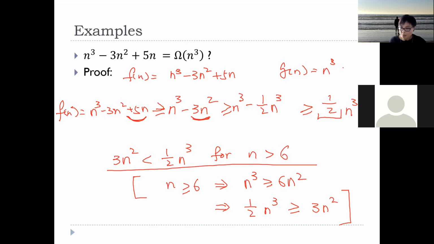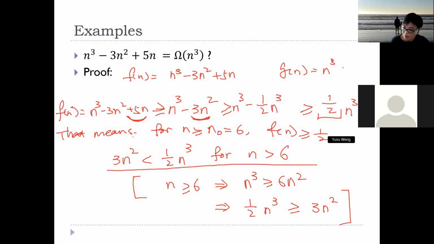Okay, because then what did we say? We said that for n bigger than or equal to 6, we have that f of n is bigger than 1/2 times g of n. And as such, by definition, this relation holds. Okay? Questions?